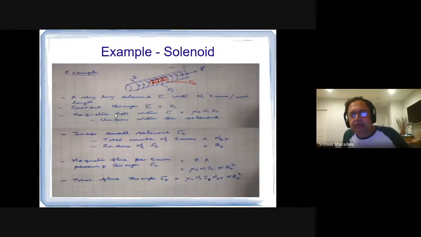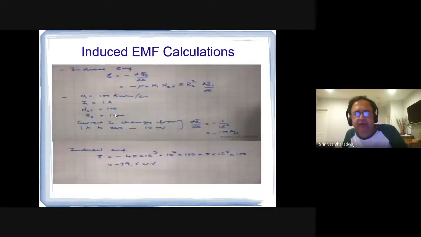That is why you end up with the area being covered, and the flux happens all over. Therefore, you end up with an induced EMF.